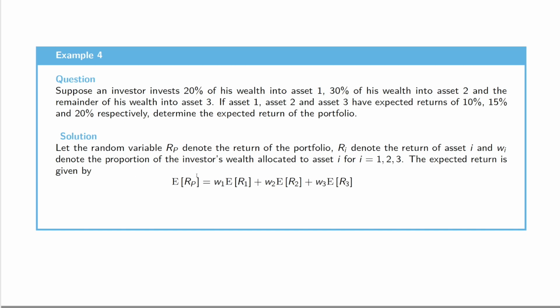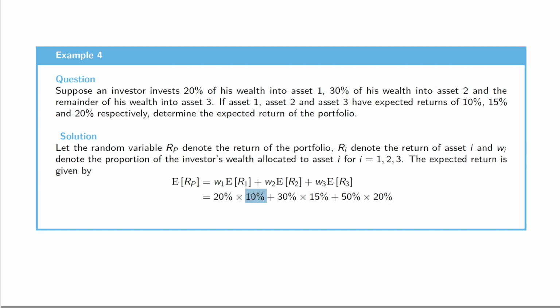So the expected return of the portfolio can be thought of as weight 1 times the expected return of asset 1, plus weight 2 times the expected return of asset 2, plus weight 3 times the expected return of asset 3. Simply put, weight 1, we were told in the question, is 20%, so I have 20% times the expected return of asset 1, which was 10%.